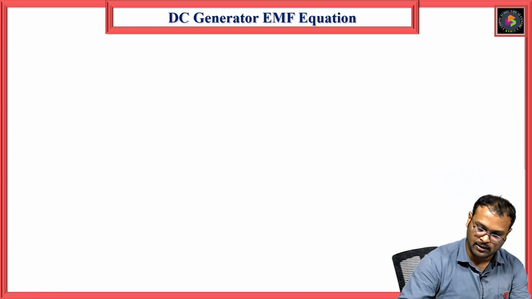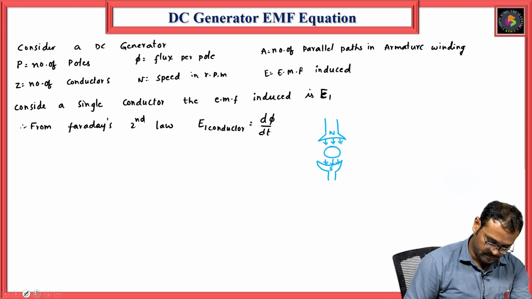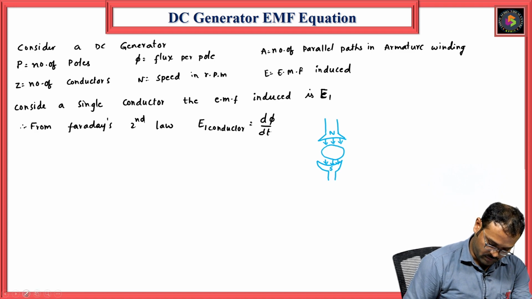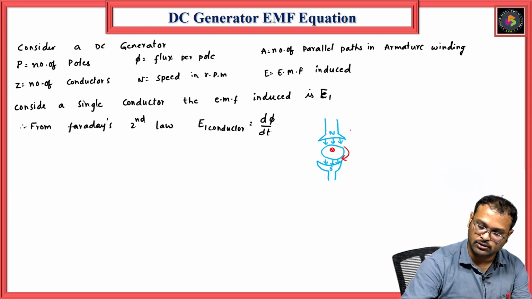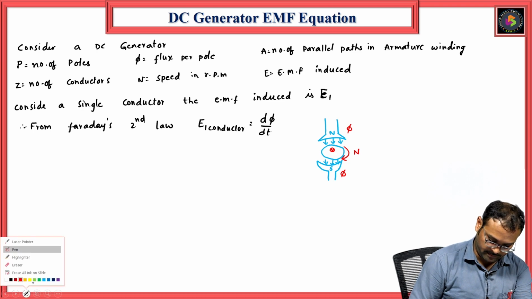Consider an armature and one conductor. The conductor is moving in clockwise direction. This is the flux and this is the speed.